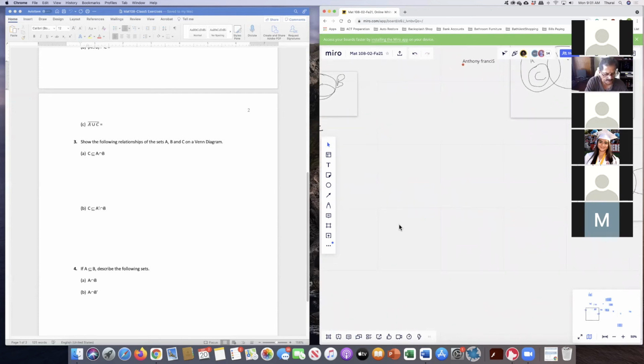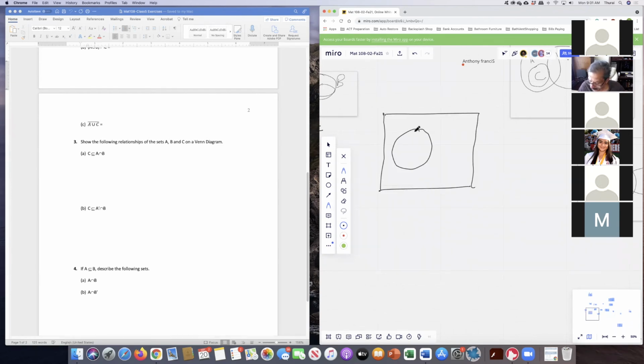So let me explain that. To answer that, C is a subset of A prime intersection B is the fact that we want to show. So you need to first identify A prime intersection B. So I'm going to do that part first.